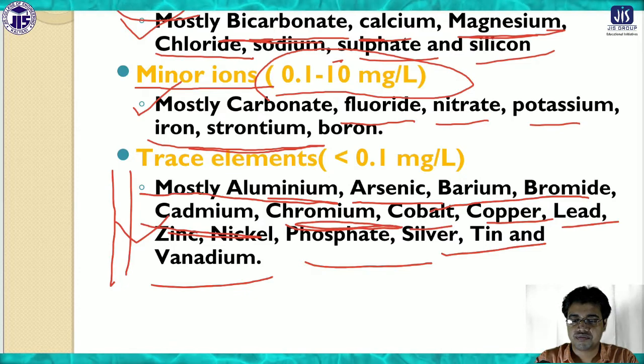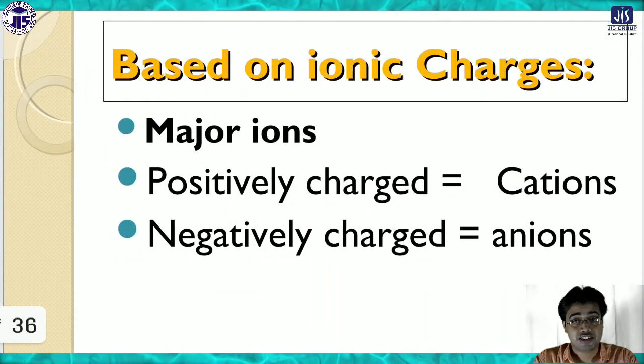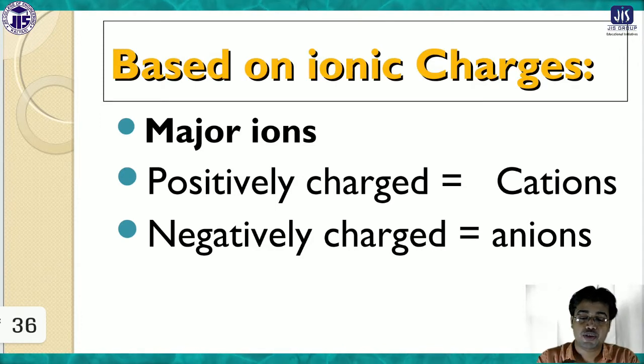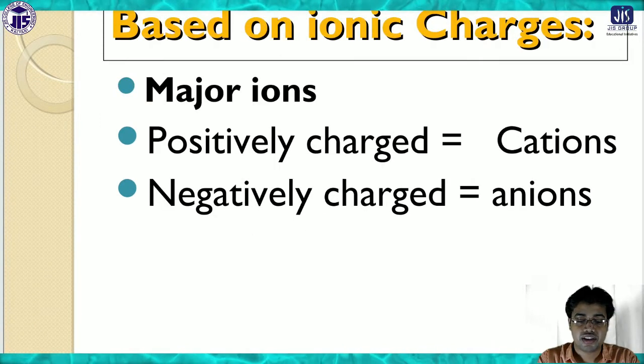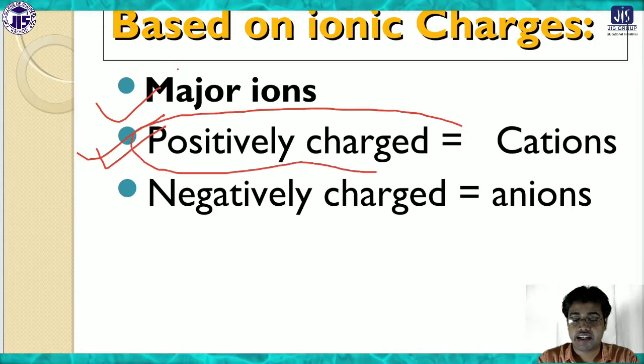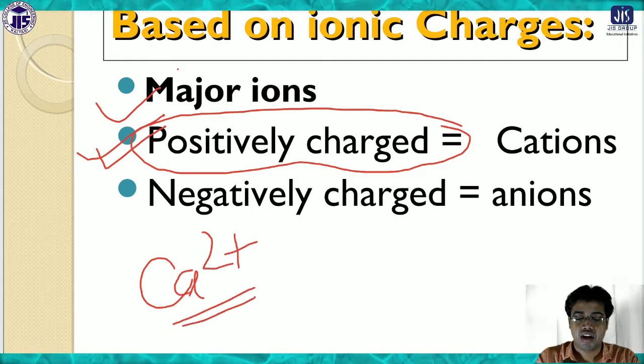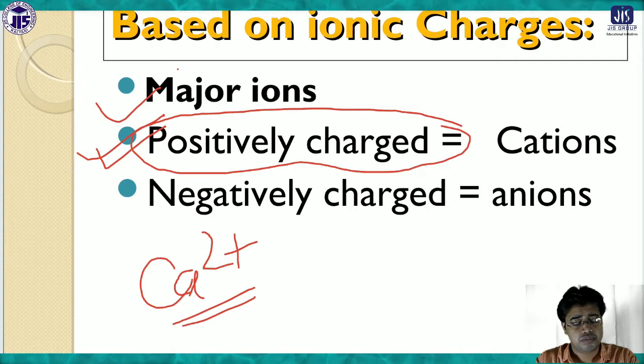Now, based on the ionic charge, there are two types of ionic charges. The positive charge ions are called cations. An example is Ca2+.